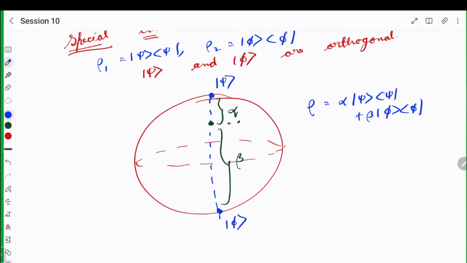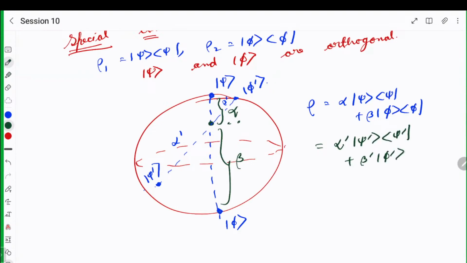For example, let's say I take this and this, such that this point divides this line in the ratio alpha dashed and beta dashed. And let's say this is psi dashed and this is phi dashed. So you can also write rho in terms of alpha dashed psi dashed plus beta dashed phi dashed.